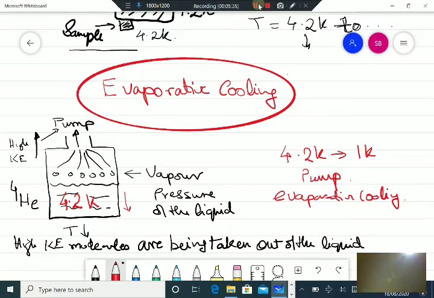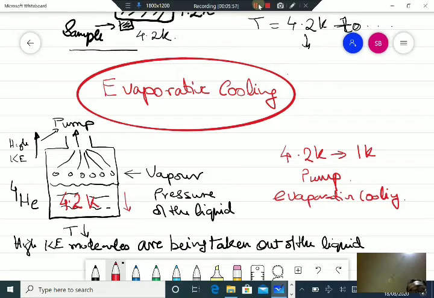And so as a result, beyond that point, you cannot really pump it any further. So you can actually reduce down the vapor pressure over the liquid to a point that there is no substantial amount of molecules present on the surface to pump out of, and as a result you cannot cool the system any further.